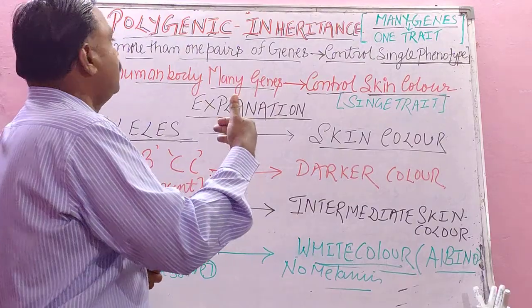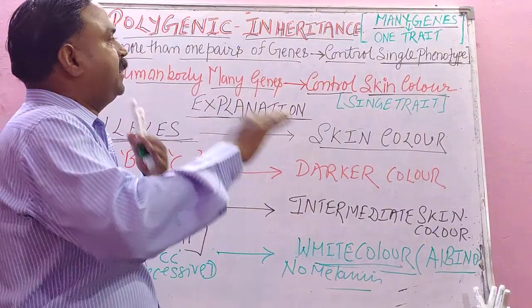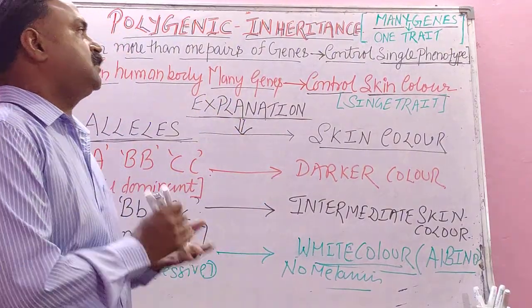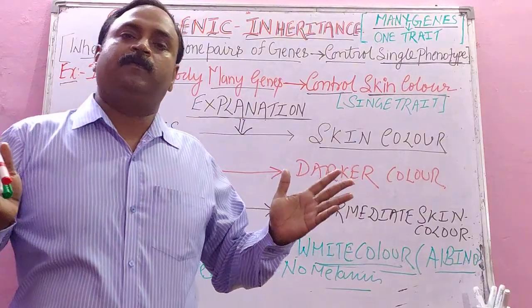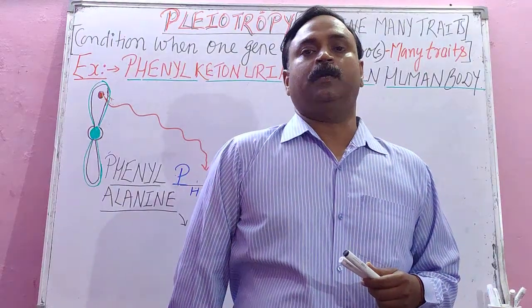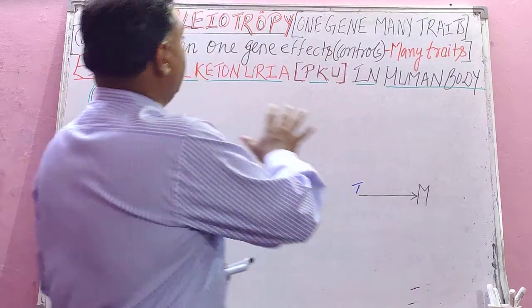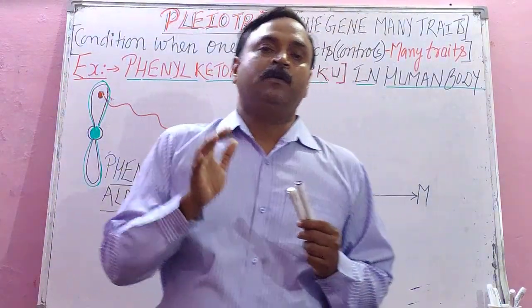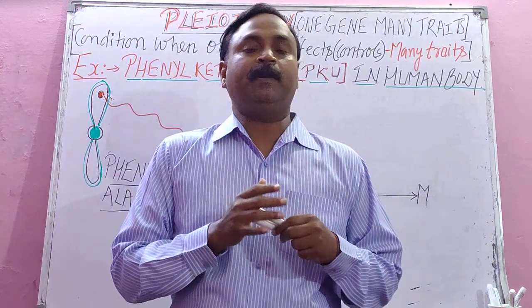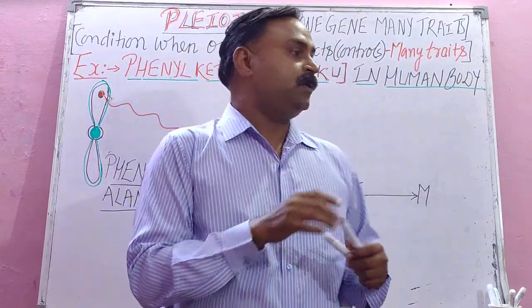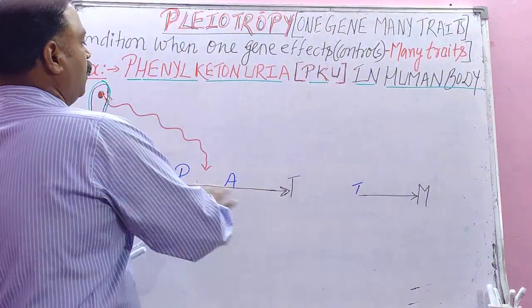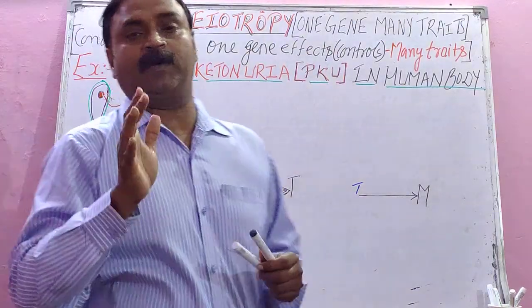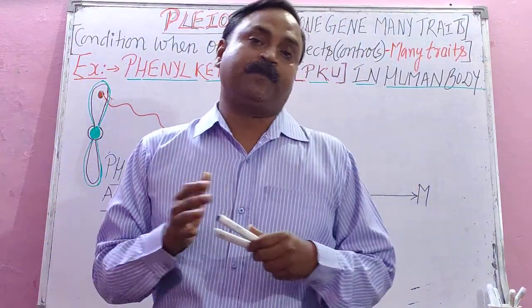Student, after this we will study pleiotropy, that is just opposite of this, that is one gene and many phenotypes, many traits. Student, when we study these principles of inheritance in this chapter, we don't keep Mendelism in our mind, because all these flow charts are examples of deviation from Mendelism.